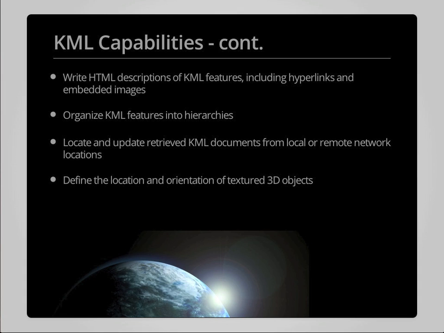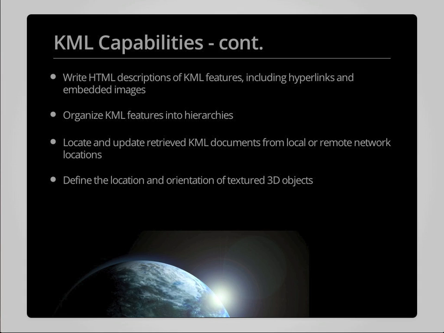KML also allows you to locate, update, and retrieve KML documents from either the local file system, so that might be a document that is contained within a KMZ file, or even remote network locations. And that is the key capability in terms of the remote network access that relates to the implementation of the OGC Webmap service support within KML.